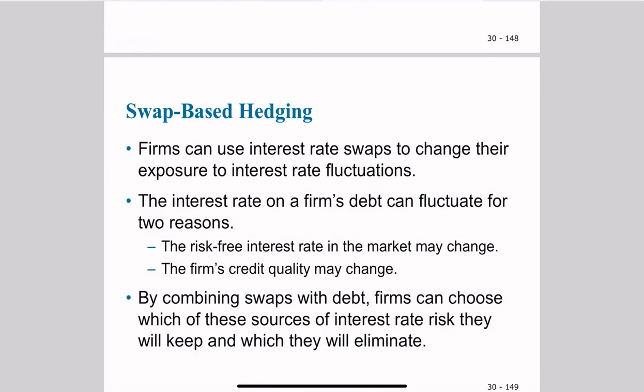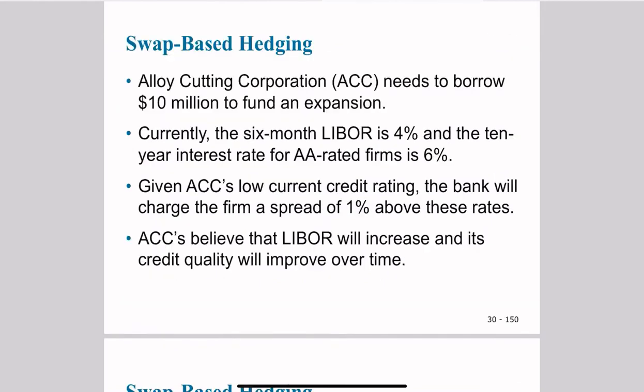And if we combine swap with the firm's debt, the firm can actually choose which of these sources of interest rate risk they want to keep and which type of risk they will want to eliminate. Okay, now let's see an example on how this actually works.